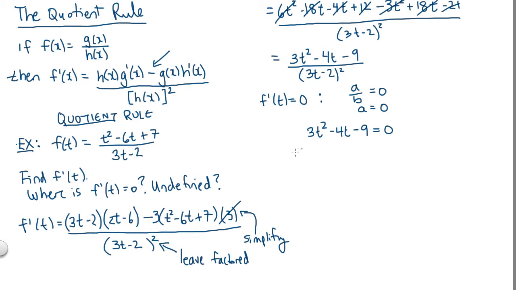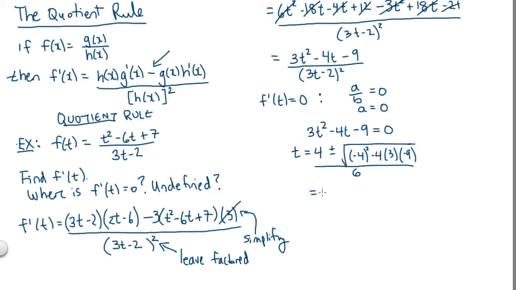So that would be my natural impulse here, just jump into the quadratic formula. So t is going to equal negative b plus or minus the square root of b squared minus 4ac, and that is all over 2 times a, so all over 6.